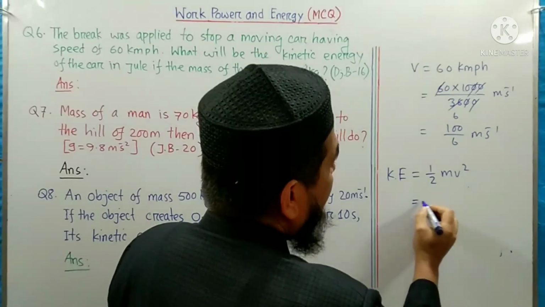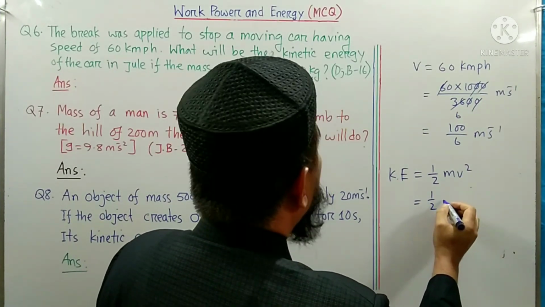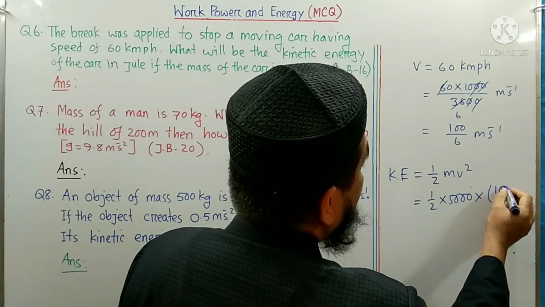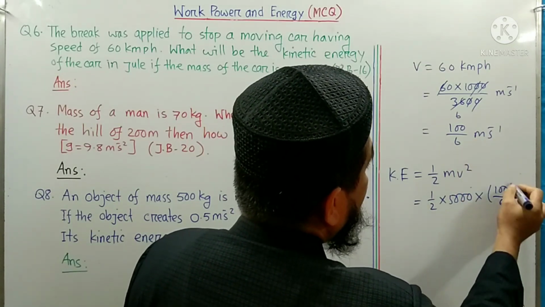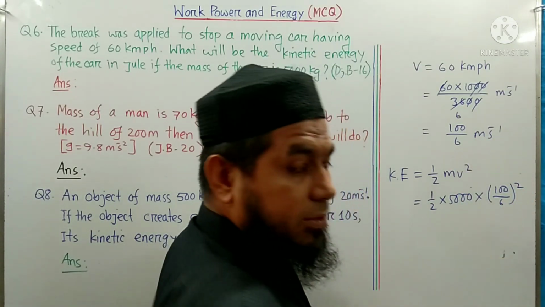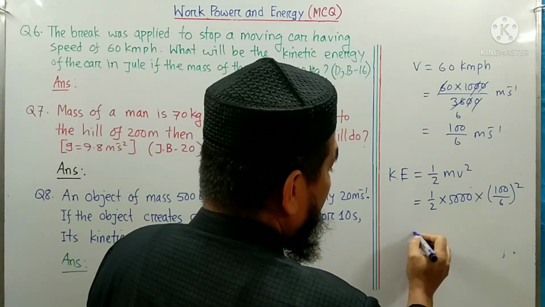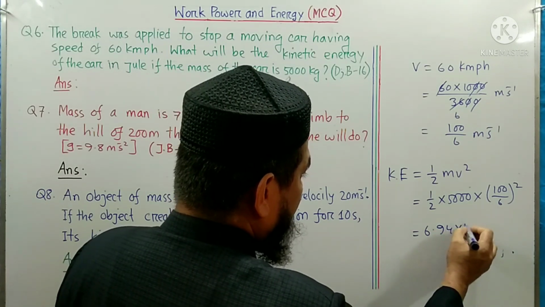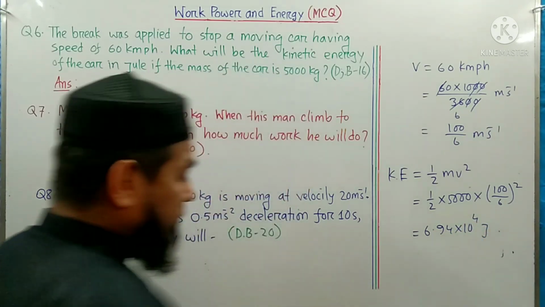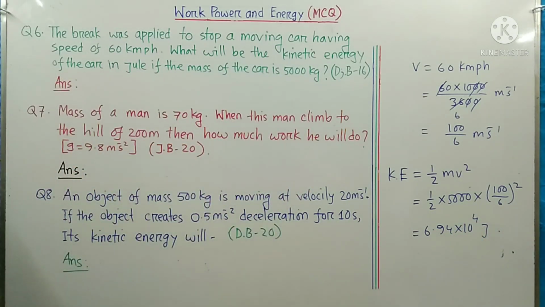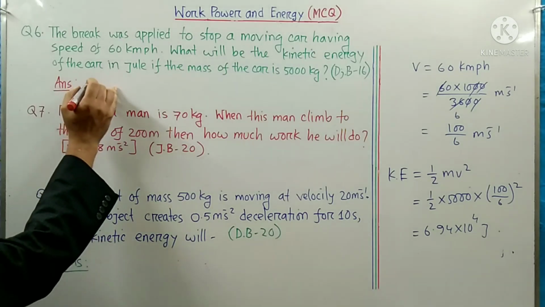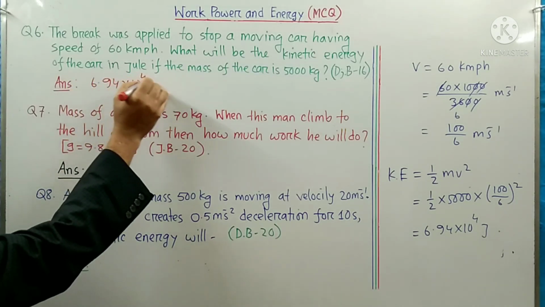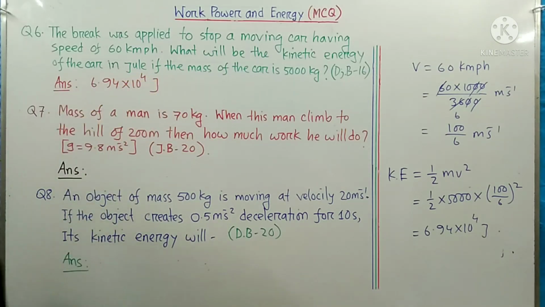Students, here the mass of the car is 5000 and v is 100 by 6 meter per second. So after calculation, 6.94 into 10 to the power 4 joule. This is our result.